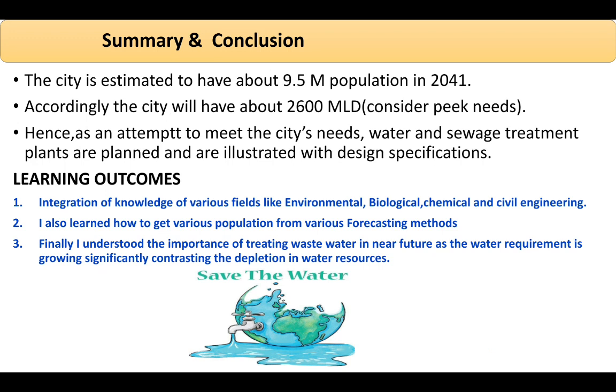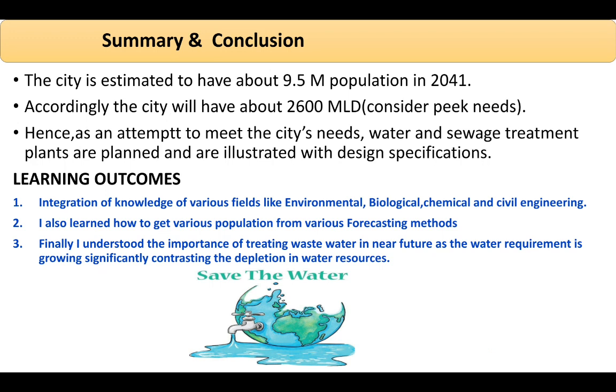Okay, so now comes the summary and conclusion part. As I already said, the city is estimated to have around 9.5 million population in 2041. Accordingly, the city will need about 2600 MLD. So, as an attempt to meet the city's needs, I designed the water and sewage treatment plants, which are planned and illustrated with design specifications.